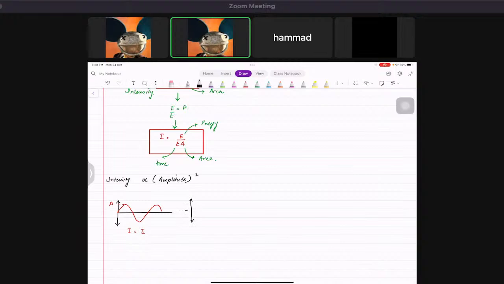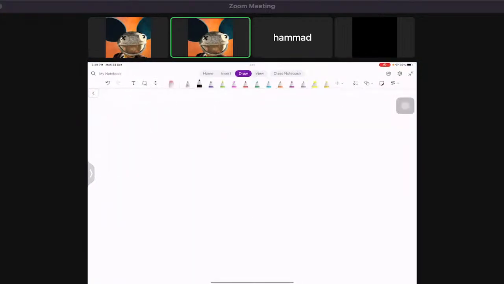So what would be the intensity if there is another wave which has everything the same, but now it has an amplitude that is equal to 4A?